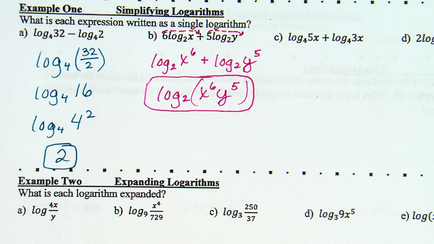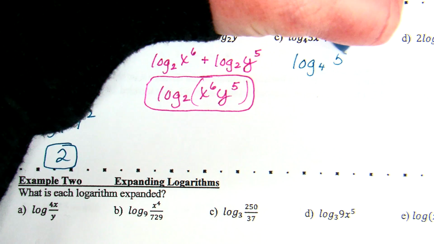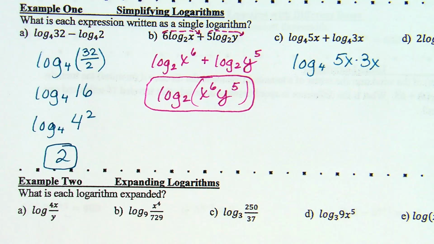Two logs being added can be rewritten as 1 log where the insides are multiplied. So log base 4 of 5x plus log base 4 of 3x can be rewritten as log base 4 of 5x times 3x. So we go straight to the product property.